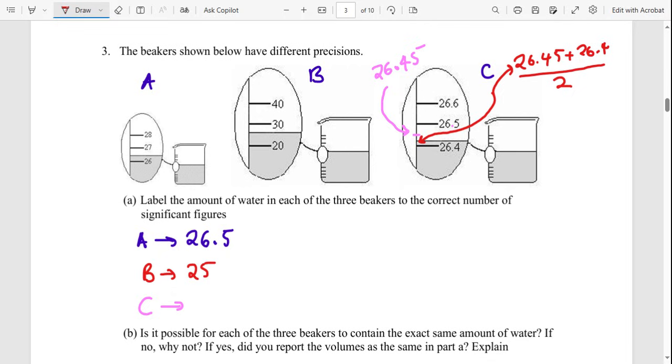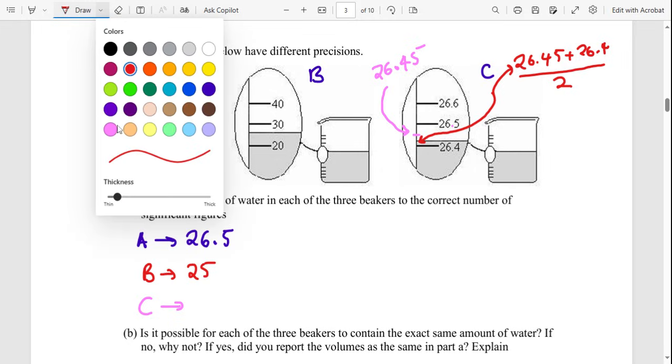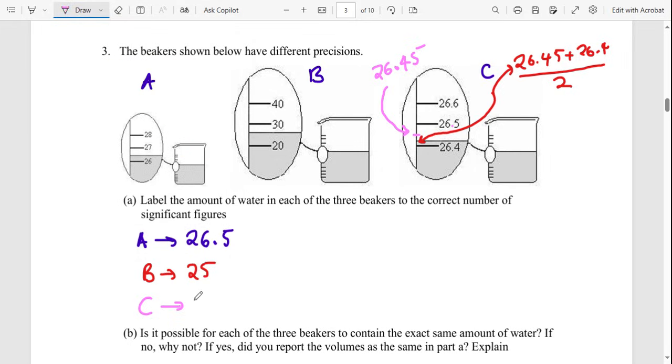Does that make sense? You add the one that's on top with the one that is down and then you divide by 2. So that is 26.425. So those are the values.